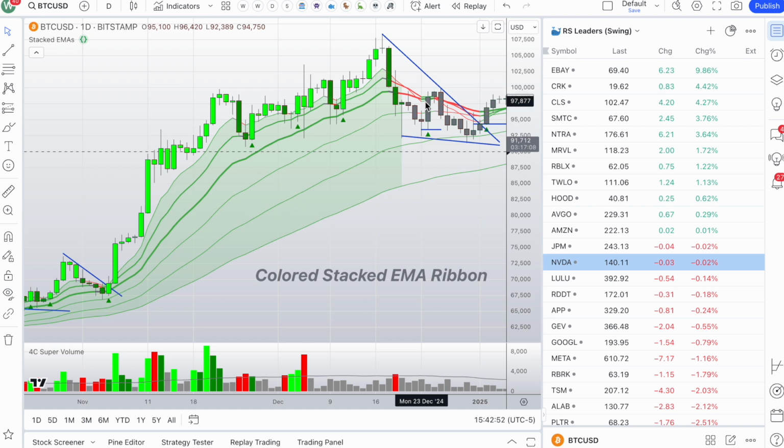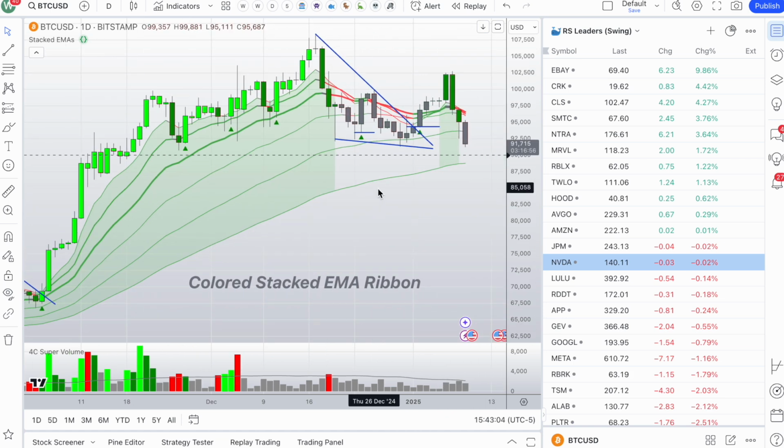Now in a neutral trend, what I've noticed is that the green triangles, which denote going back from red EMAs to green EMAs in this case, aren't as reliable. And sometimes it takes 2 or 3 of those green triangles to finally push you back into an uptrend.